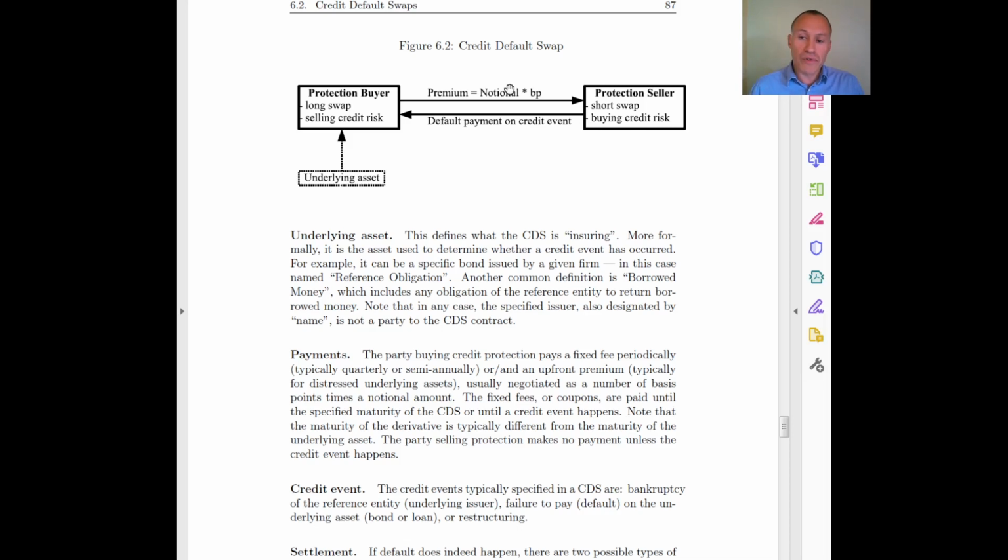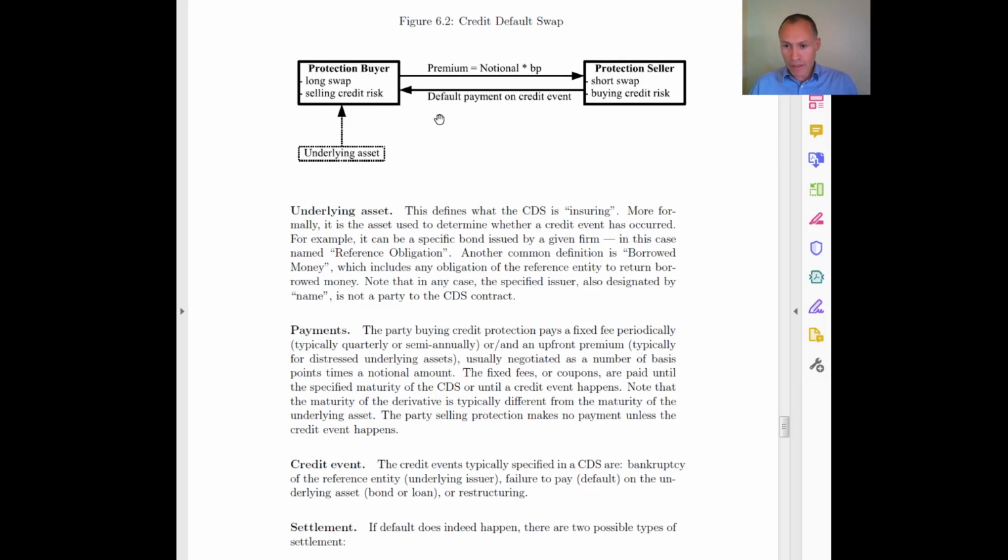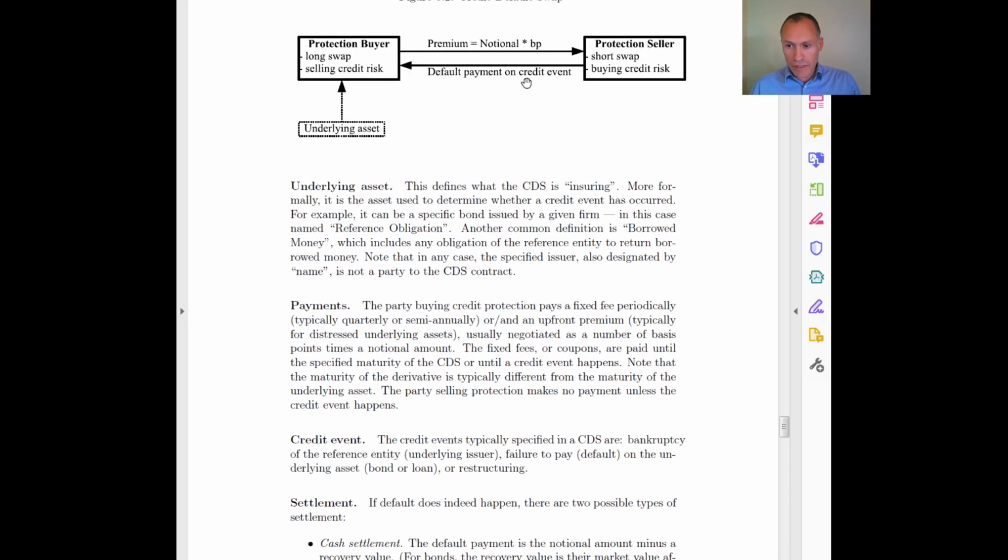If sometime during this period something happens to this underlying asset, the insurance company pays me a given amount of money, right? So the debt payment, more specifically the settlement, can be of two different kinds.